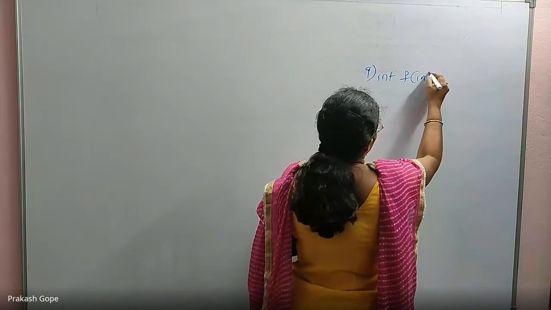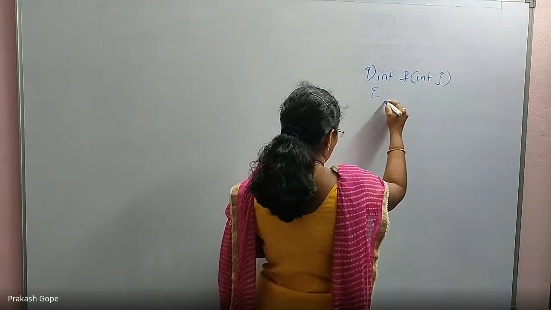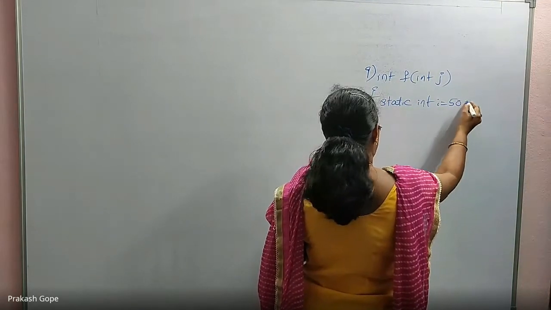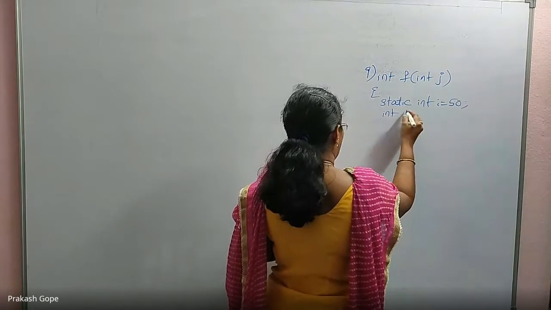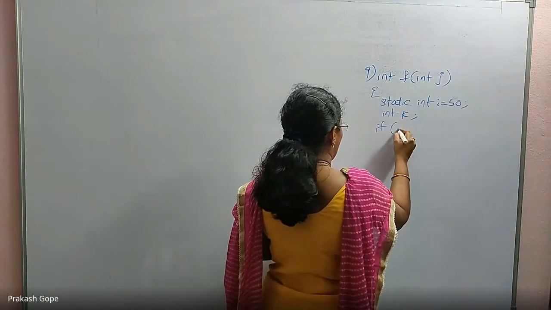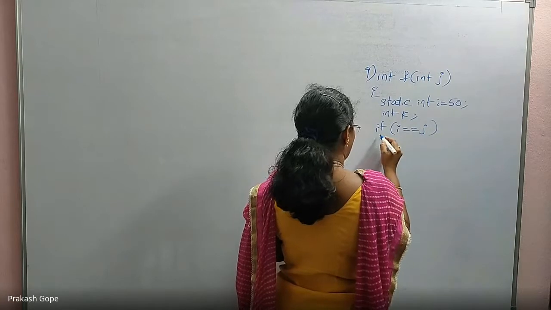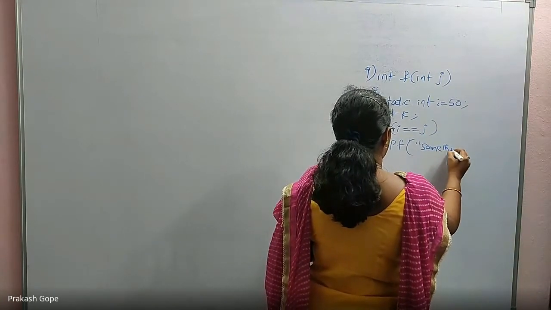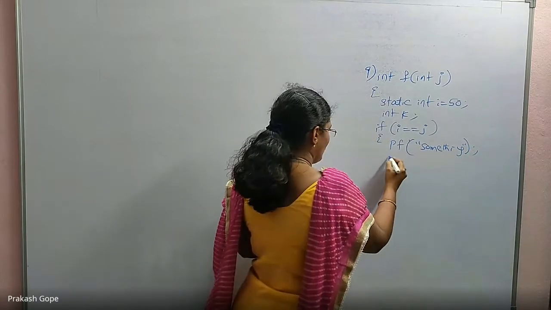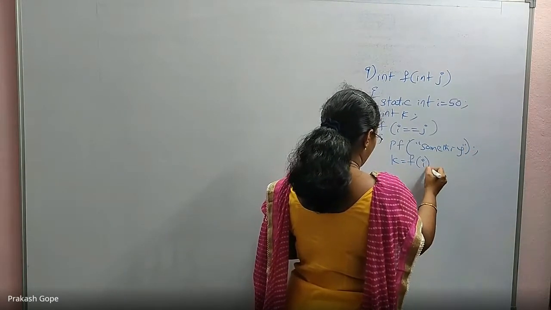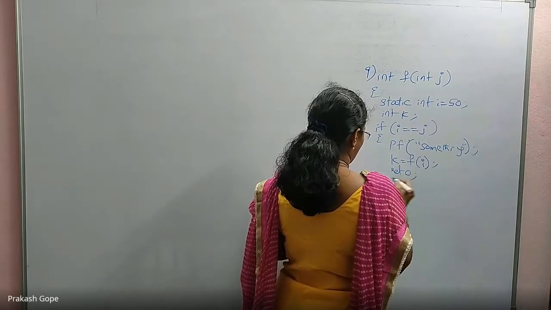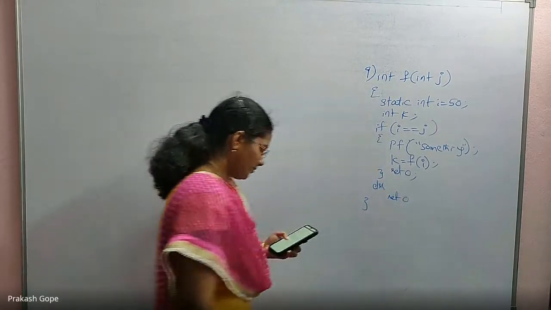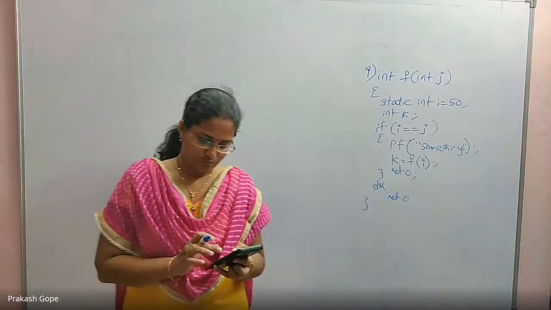Int f of int j. Static variable is there: static int i equal to 50. Local variable k is also present. If i is equal to j, printf something, k is equal to f of i, return 0. Else return 0. Which one of the following is true?